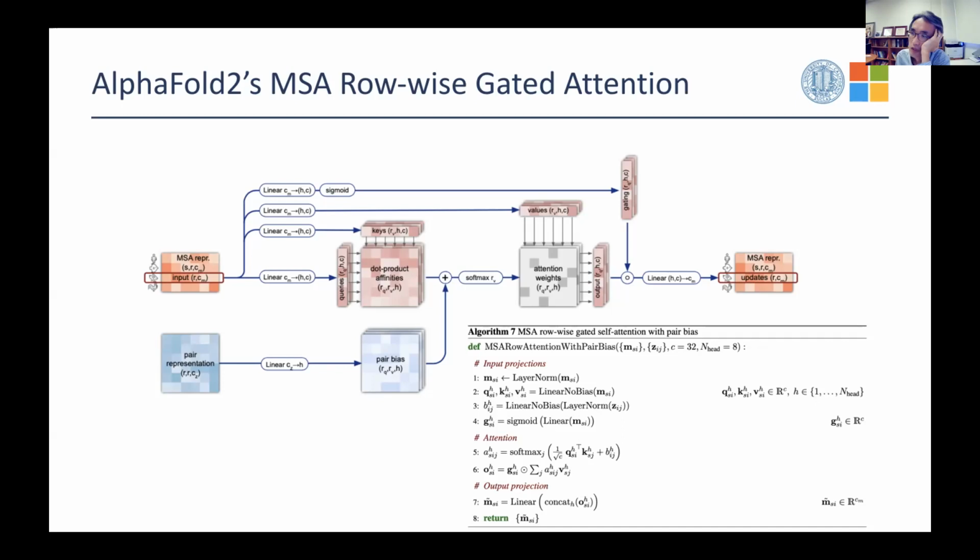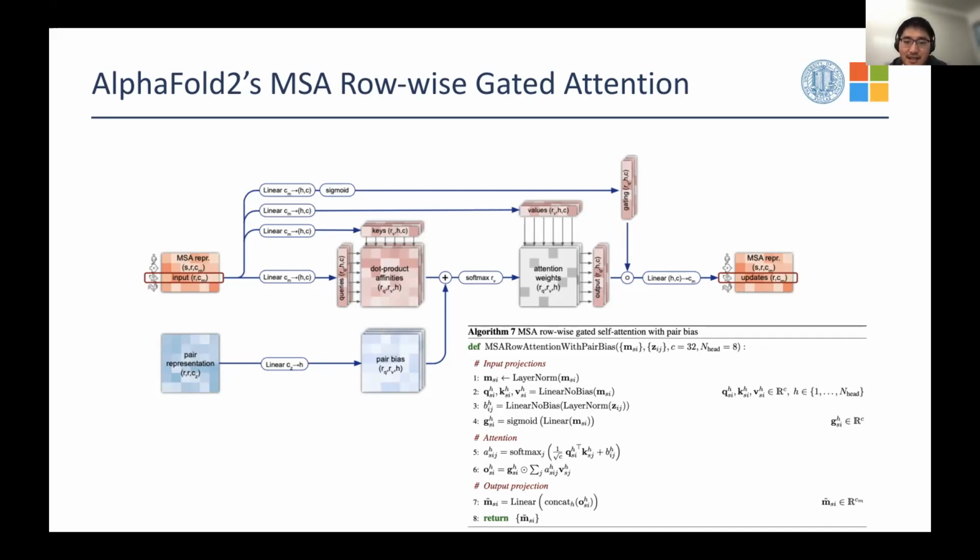So the general case here, I personally believe, is that they are designing the attention in a row-wise and a column-wise way, and the column-wise one will be exactly the same structure without pair biases. That's the two parts of the MSA.